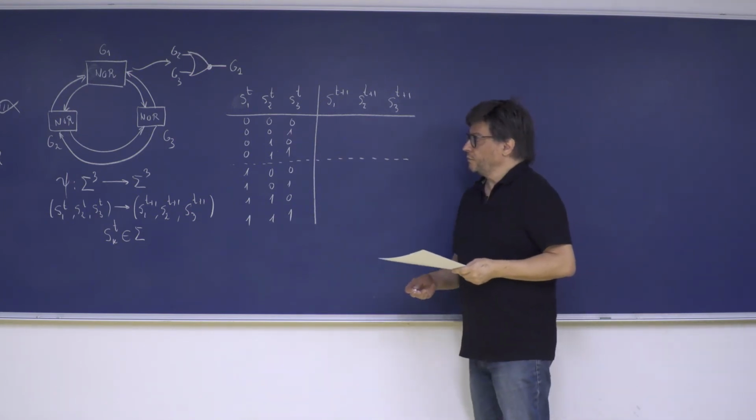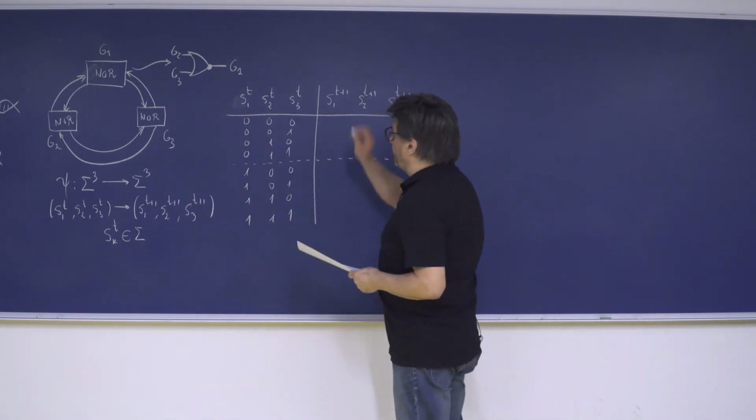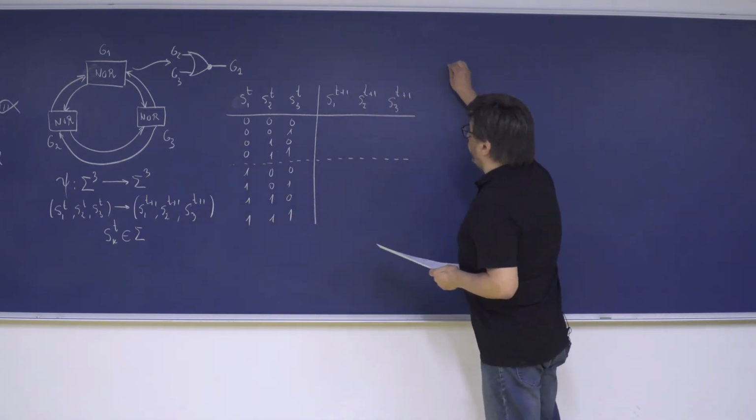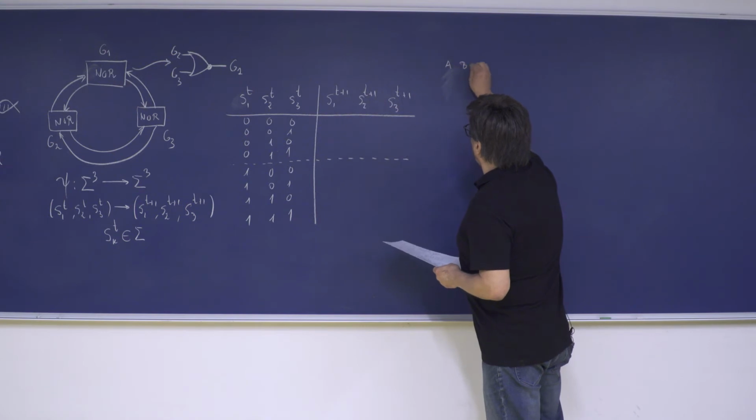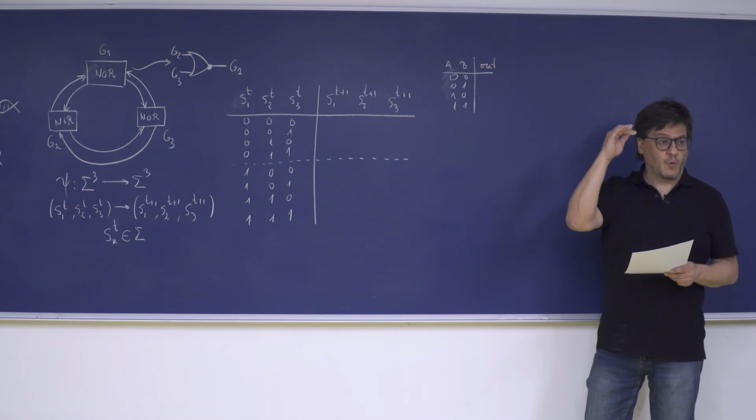And we know that the NOR gate is something simple, right? NOR gate, let's remember. The NOR gate means that if I have these 2 inputs, that's my output. Remember that the OR gate will be 0, 1, 1, 1.